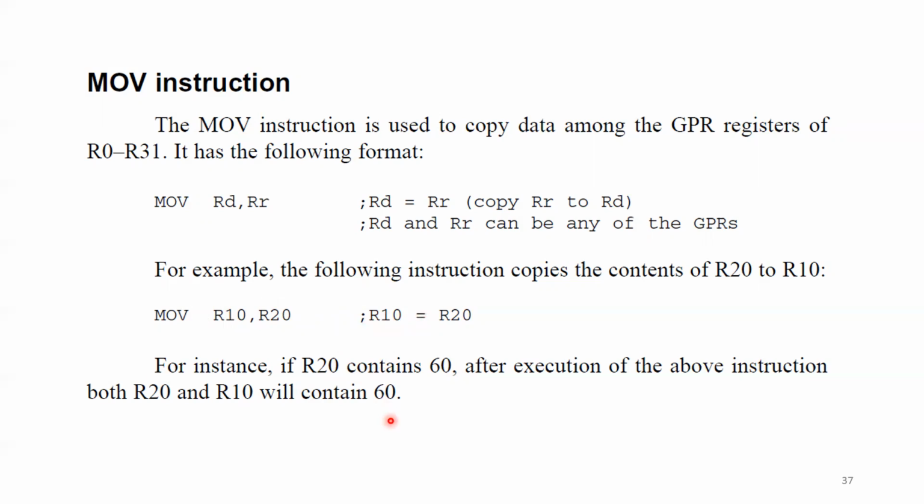And R20 would be the same because nothing happened to the register which is the source of the data. Okay, so the source of the data would be copied onto the destination, but the source and destination would have the same value after executing this instruction.